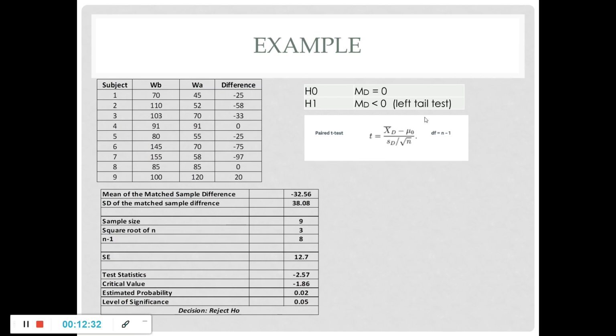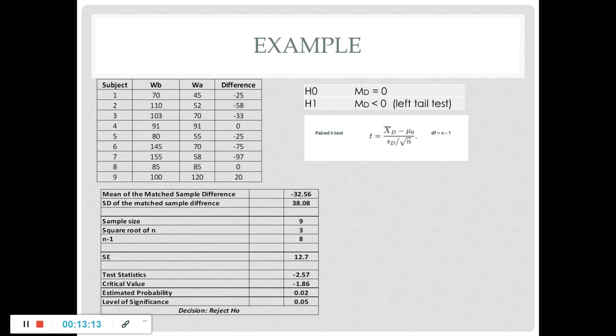So the mean of the matched sample difference is minus 32.56, the standard deviation of the matched sample difference is 38.08, and the sample size is 9. The square root of the sample size is 3, and the degrees of freedom is 8. The standard error is calculated by dividing the standard deviation of the matched difference by the square root of n. So you divide this value by this value and get 12.7 as your standard error.